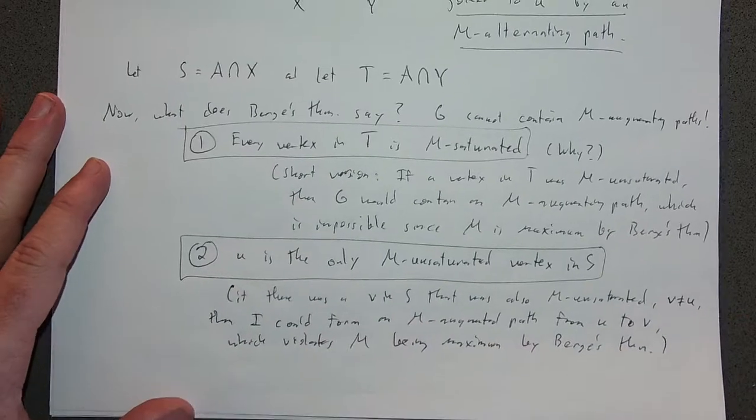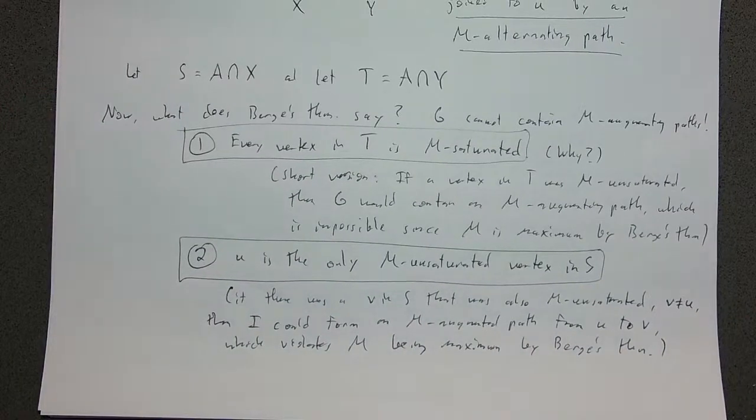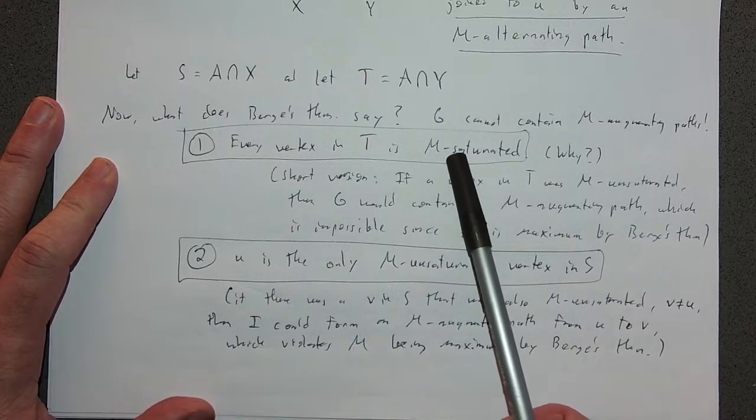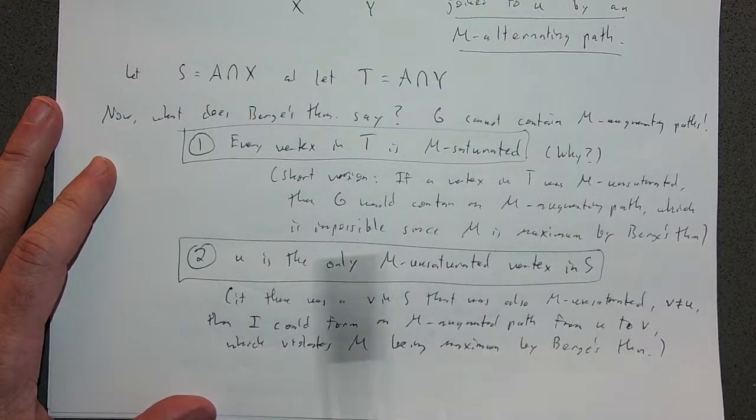So these are the two facts that I get from Burgess' theorem, once we've unpacked what it tells us. Every vertex of T is M saturated, and every vertex of S minus U is unsaturated, right? So maybe I'll restate this.